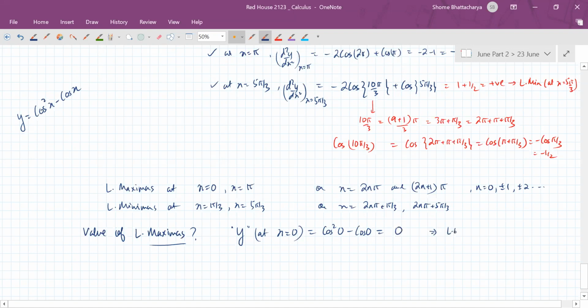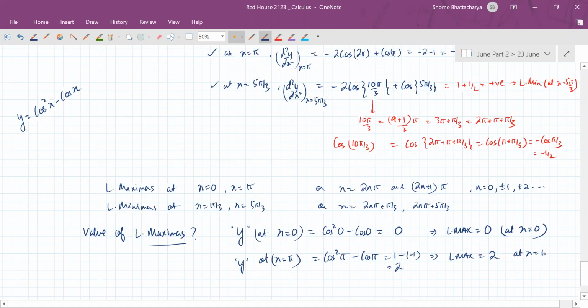So we have a local maxima equal to 0 at x equal to 0. Then at x equal to pi, it becomes cos square pi minus cos pi, which is 1 minus of minus 1. So that is 2. So we have another local maxima which is equal to 2 at x equal to pi. So these are the two local maximas.